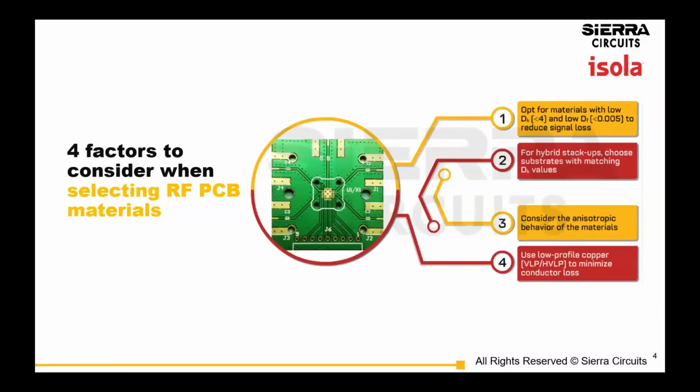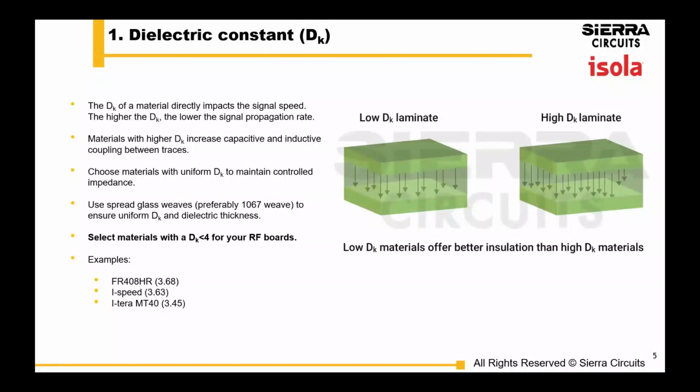So first is, what are the factors to consider when selecting RF PCB materials specifically? The first is the electrical properties of the materials, and dielectric constant, I would say, is first and foremost. The dielectric constant of your material will directly affect how quickly your signals travel through the traces.